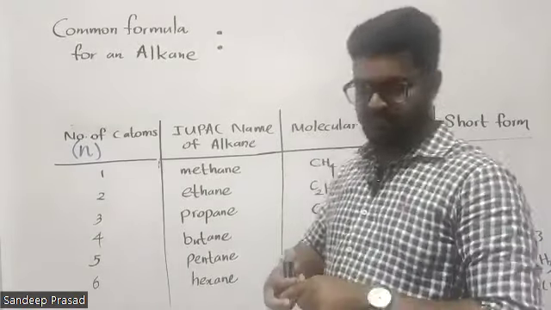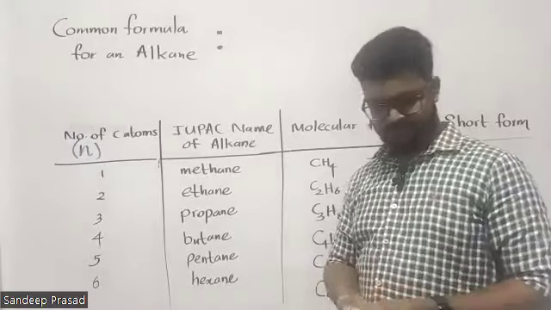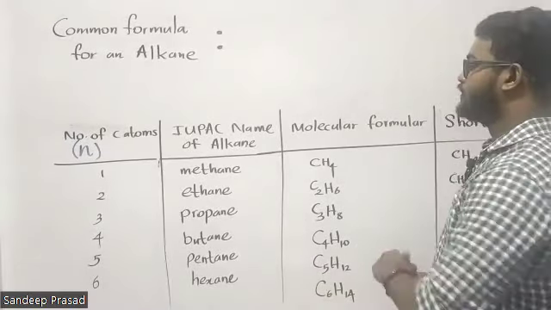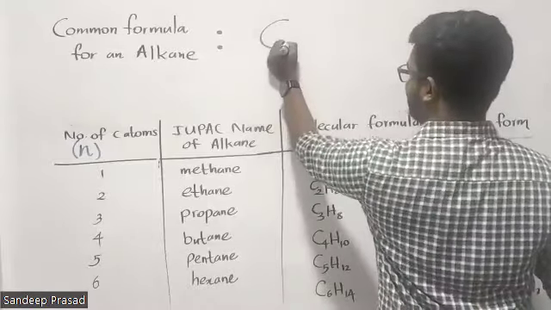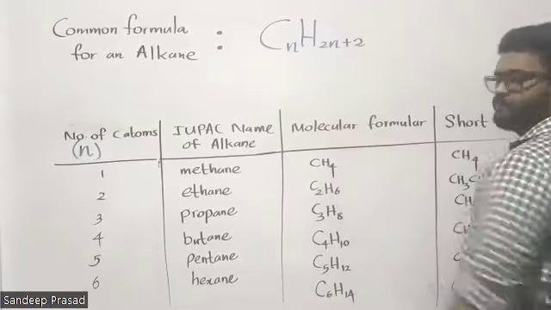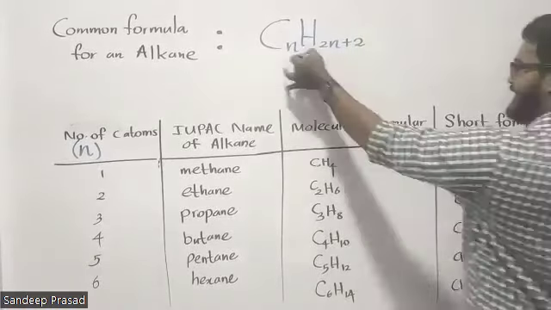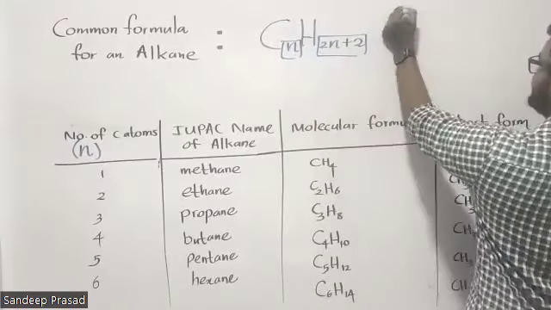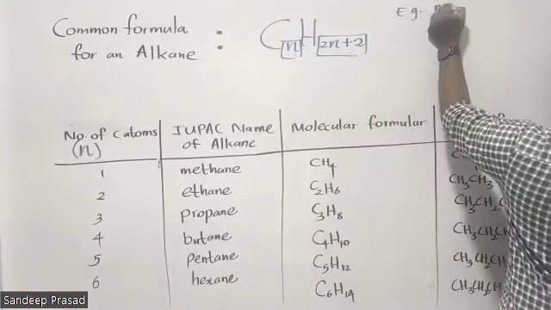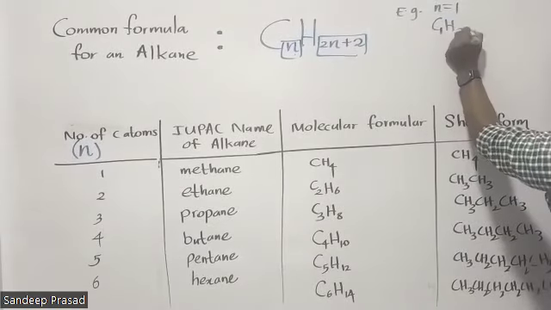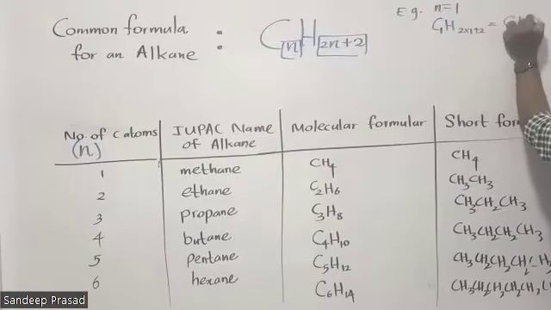Yes, correct. Very good, students. So we can write down the common formula as CnH2n+2. How does that become? Right? Now for an example, just take n equals 1. Then substitute here: C1, H2 into 1 plus 2. That means CH4.